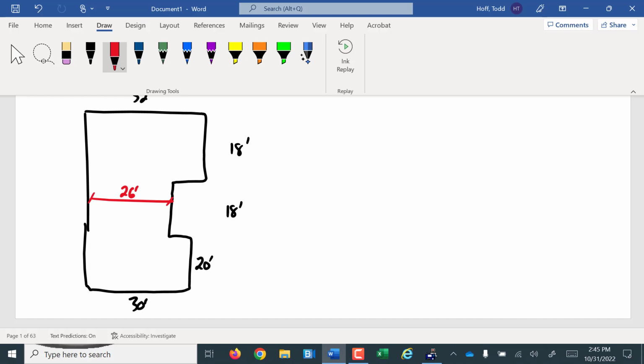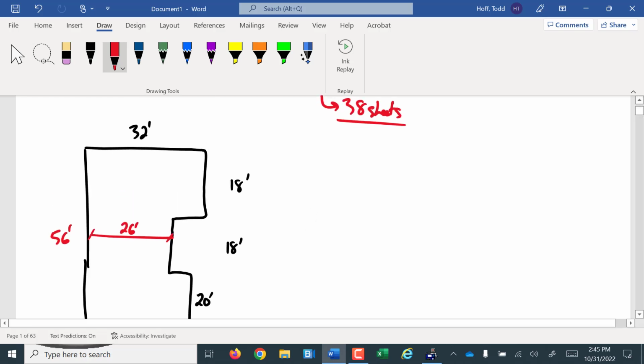First thing I'm going to do is add these all up to get 56 feet on this side, just because we're going to need that at some point. We said to always assume that the girder goes in the center of the longest span, right?